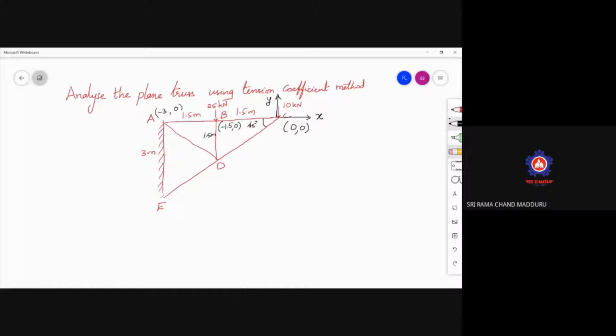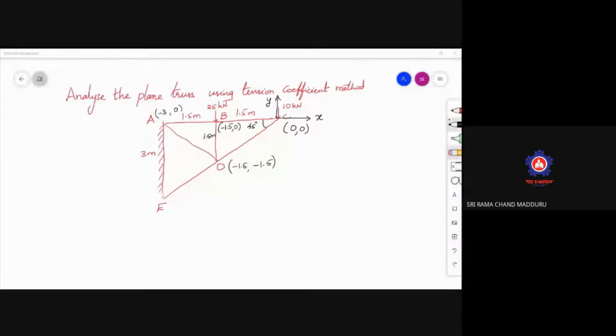If you go to D, what are the coordinates for D? Along the x-axis, it is minus 1.5, and this is 1.5 in the downward direction. Your positive x-axis is in the upward direction, so this is also minus 1.5. So the coordinates for D are minus 1.5, minus 1.5.